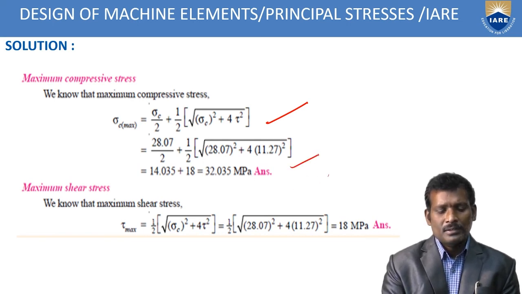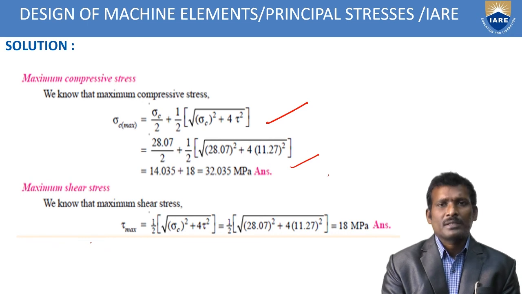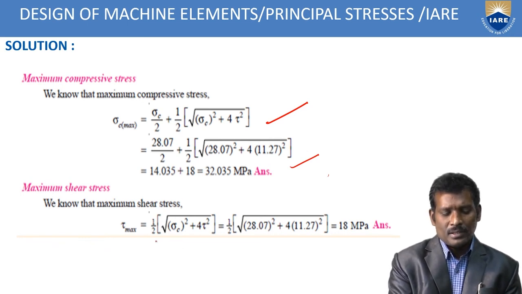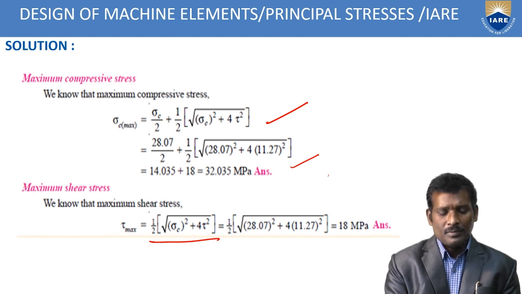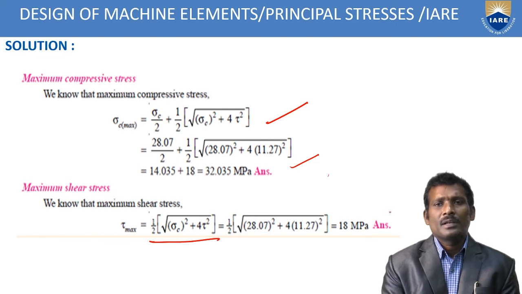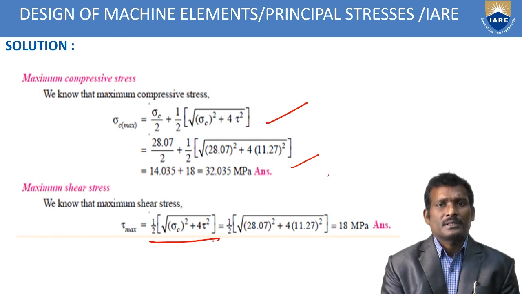You will get 32.035 megapascal. Similarly, the maximum shear stress. What is the formula for maximum shear stress? Half of the square root of σc² plus 4τ². The σc value we have already calculated, that is the total resultant compressive stress, and τ is the shear stress.